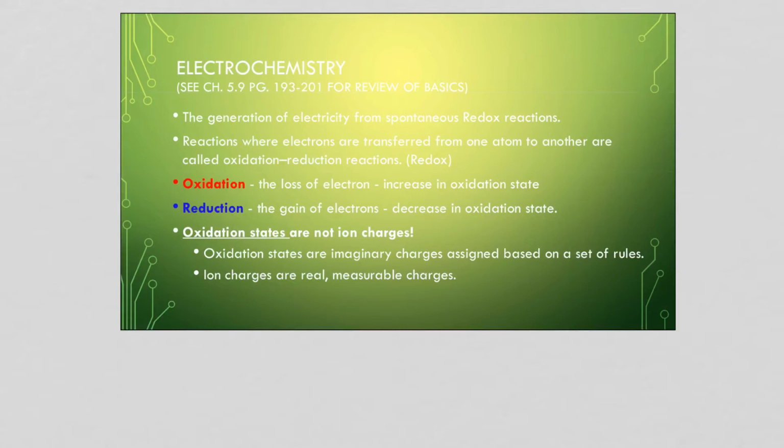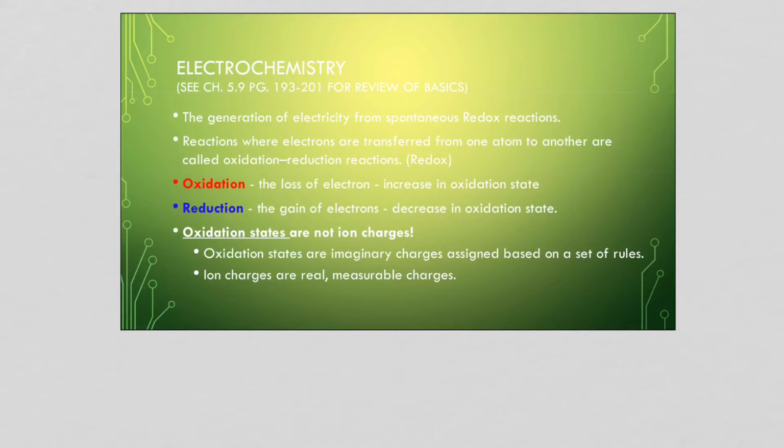Now, one way that we follow the electrons is to look at what we call the oxidation state. Remember, oxidation states are not ion charges. Oxidation states are a set of rules that we can apply that look at where electrons are likely to be based on their environment.